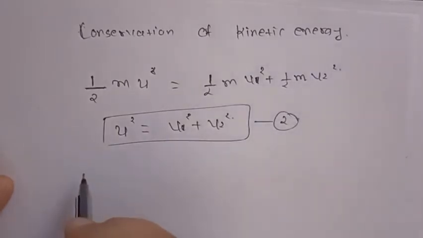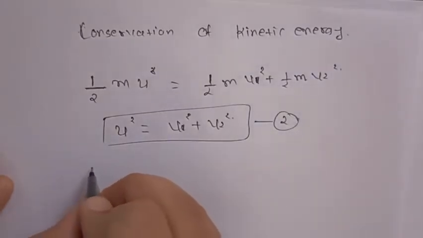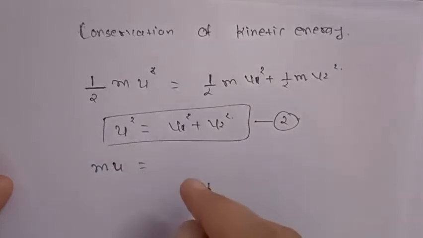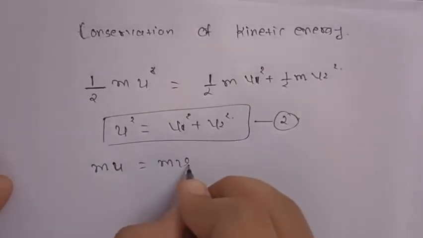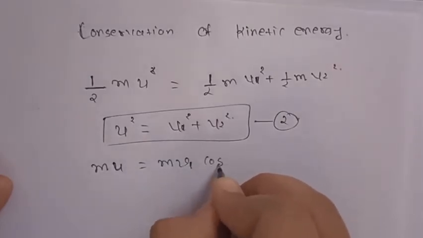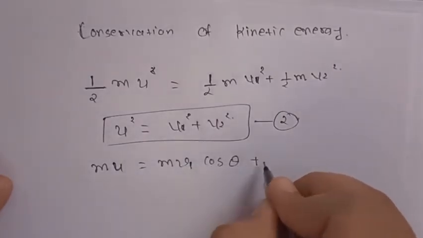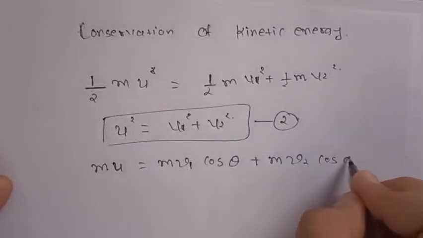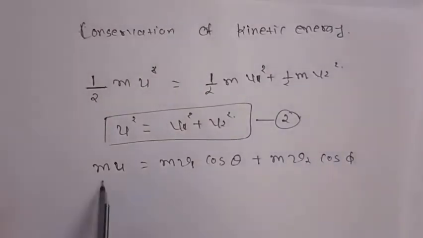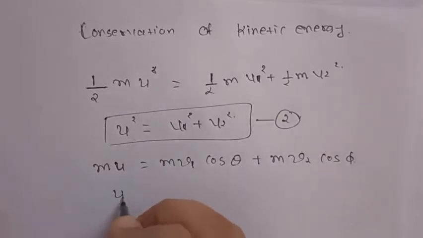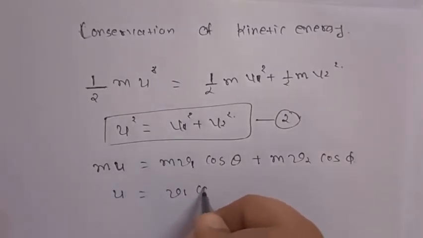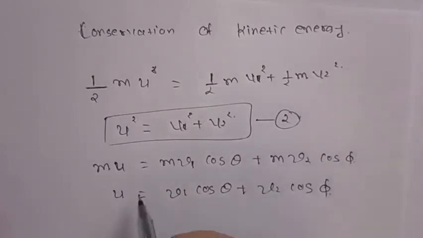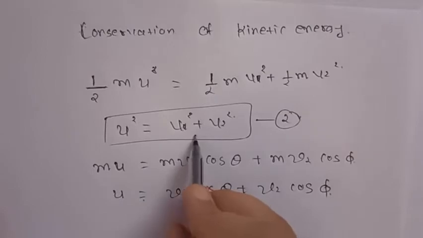If we write the conservation of linear momentum along the horizontal line, then m u is equal to m v1 cos theta plus m v2 cos phi. This m will be cancelled out, so we can write u is equal to v1 cos theta plus v2 cos phi. Put this value of u in equation number 2.